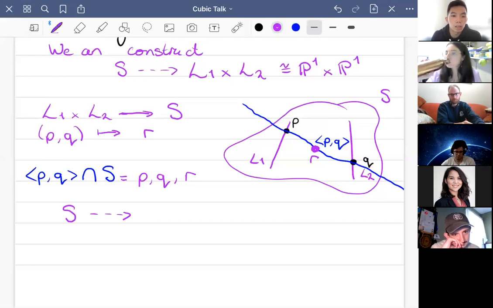Is it possible that R coincides with P or Q? I mean, we don't know if it's got to be a repeated root or not, right? Yeah, I guess that's a good point. So if it coincides with P and Q, that means your line is tangent to your surface at one of these points.